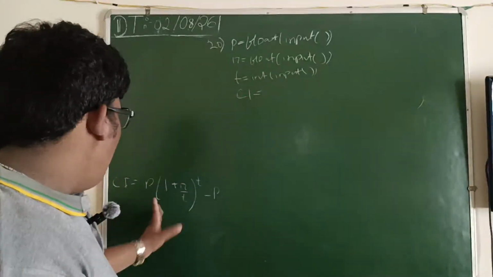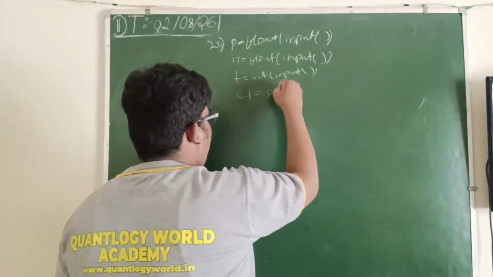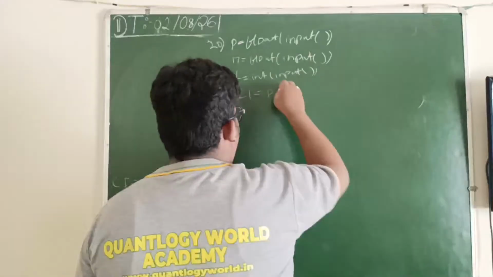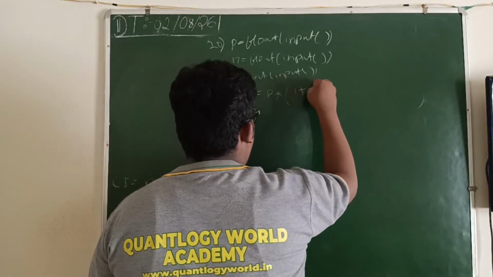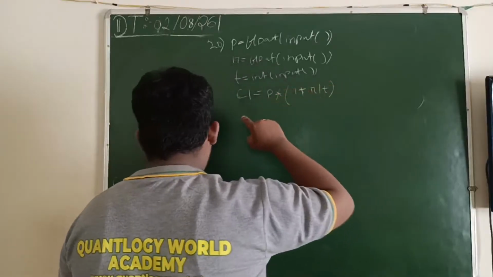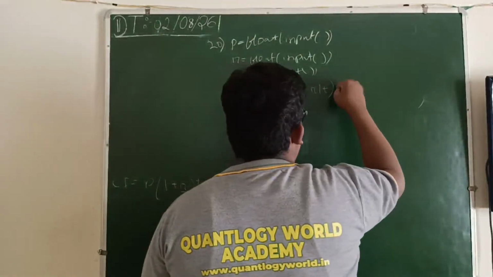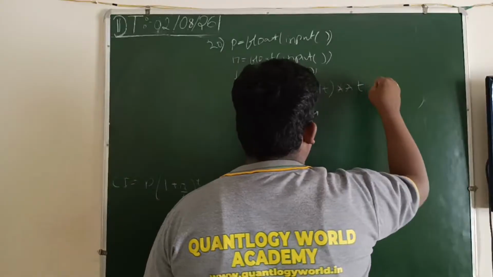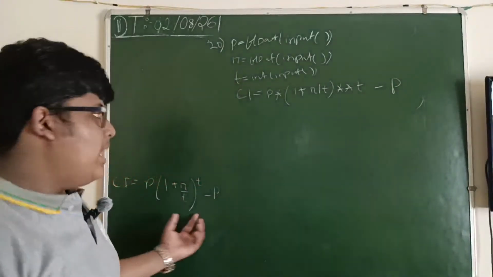Formula is P whole into 1 plus R by T. Then P asterisk 1 plus R slash T whole, double asterisk T, minus P. So this is the mathematical formula.